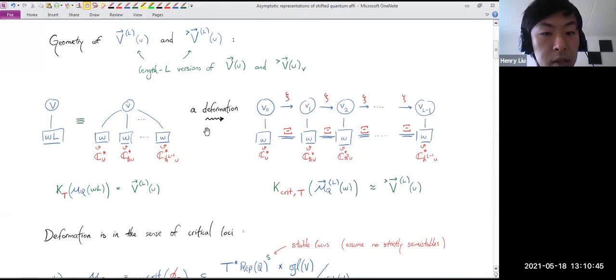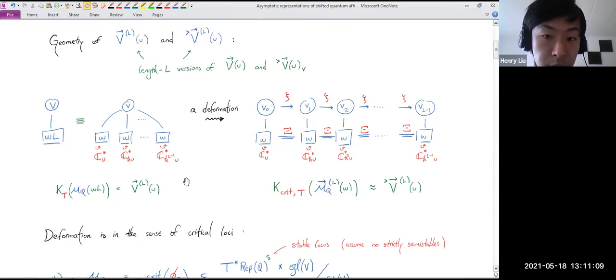Now, like I said, in general this VL here will be reducible. And so, like I said last time, we're interested in the irreducible factor corresponding to descending flags, as opposed to just arbitrary length L chains.